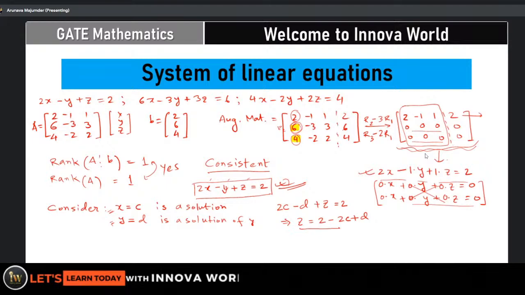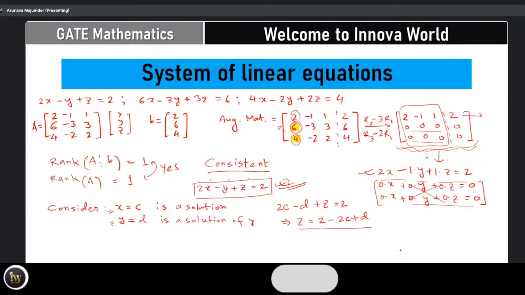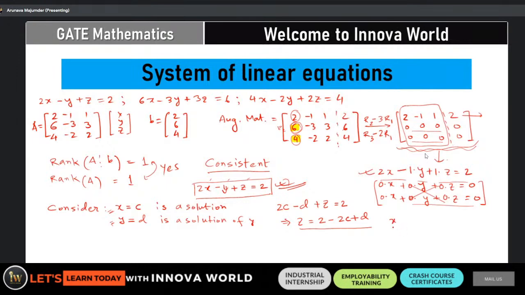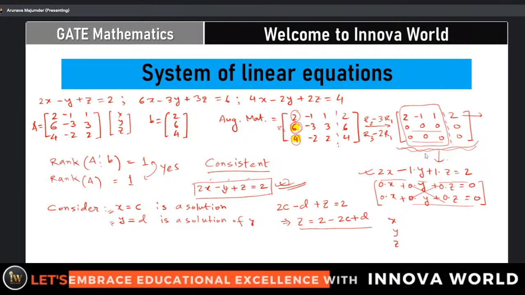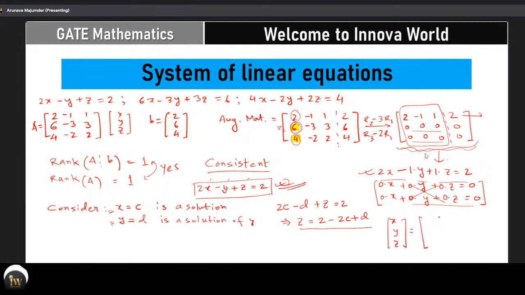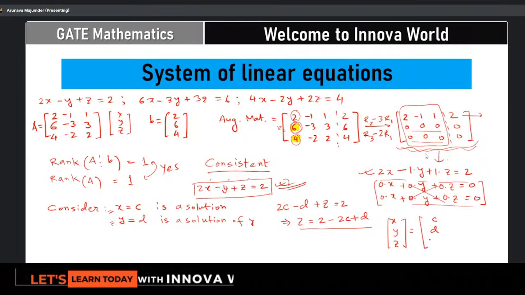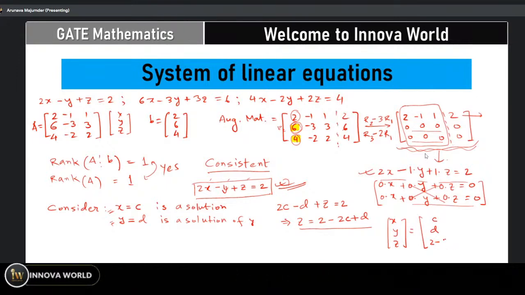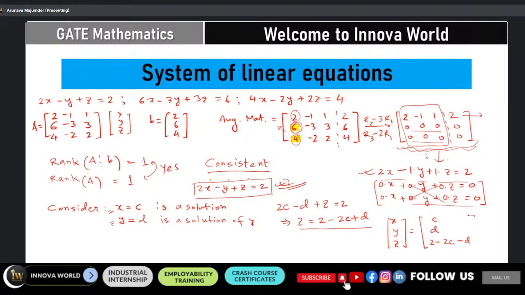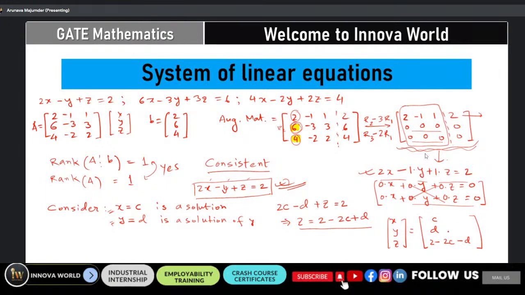So what solution are we getting? It is a single solution vector. The solution is x equal to c, y equal to d, and z equal to 2 minus 2c plus d.